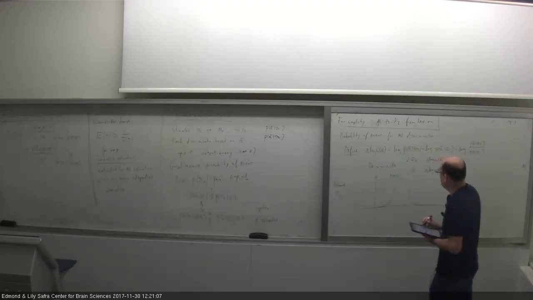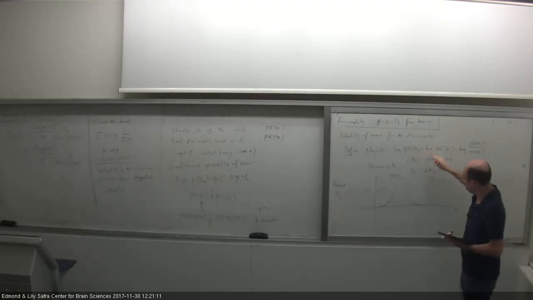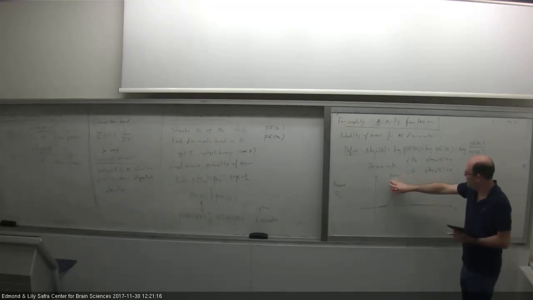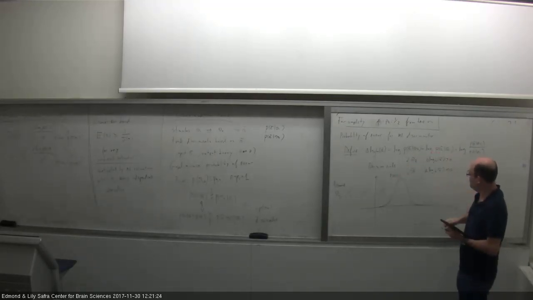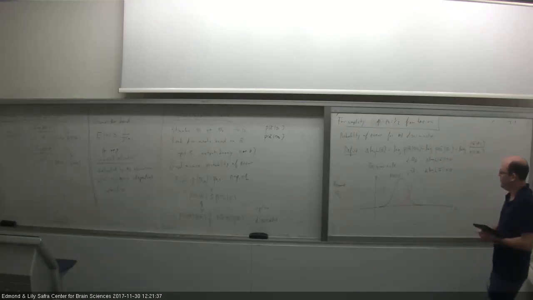Because we choose stimulus 2 if this is positive. Okay, so the stimulus is theta 2. The responses are drawn from this distribution, but given the response, I need to compare this function to P of R given theta 1. So let's plot also P of R given theta 1. It will have some other distribution. Maybe it looks like this.